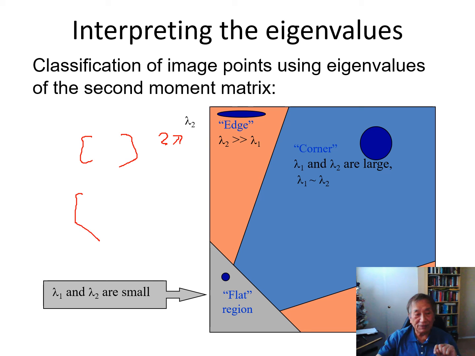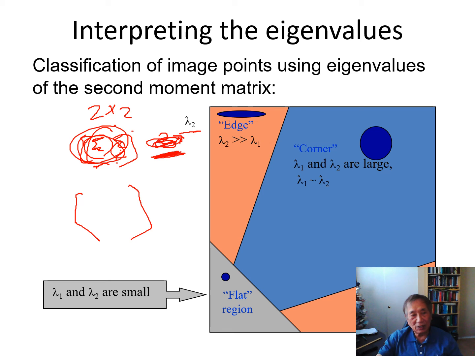And if it's larger, then we can get more lambda values. But for the 2 by 2 matrix, you can have up to 2 eigenvectors. So I explained the derivation of the eigenvector and eigenvalue lambda.